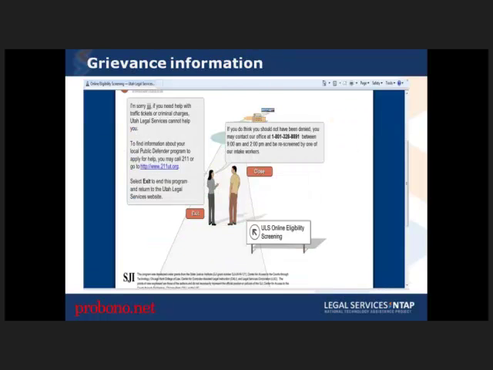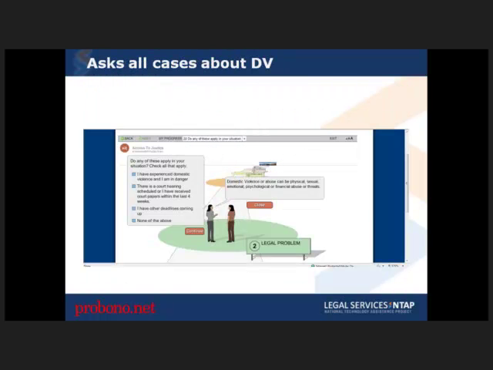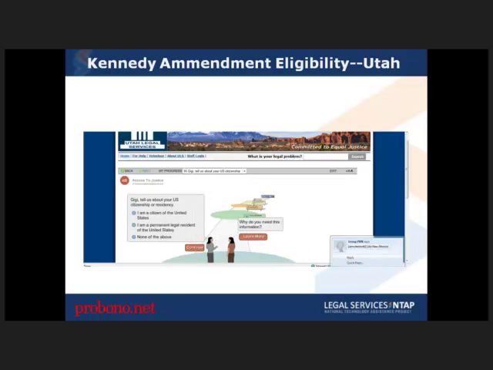As I mentioned, we do screen for domestic violence. We ask them if their case involves domestic violence. If they say yes to that, and or if they say that they're a non-citizen, the next screen shows our question of whether they're a citizen and a legal resident or none of the above.